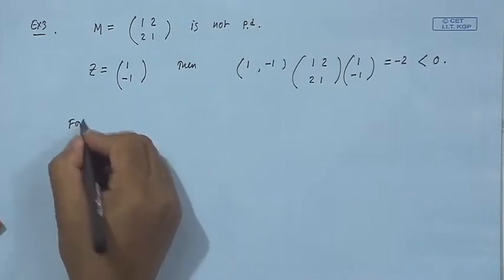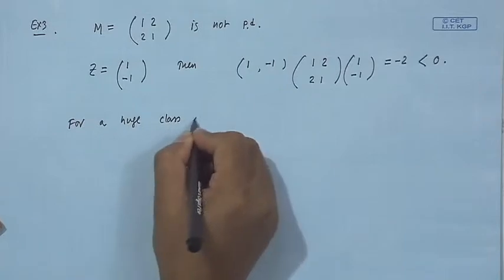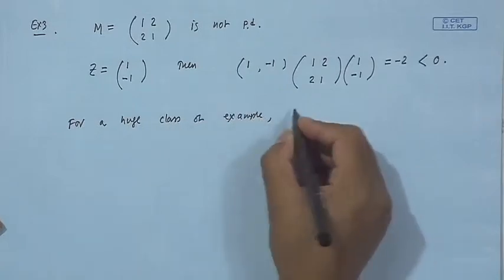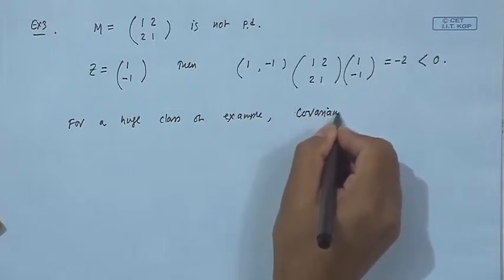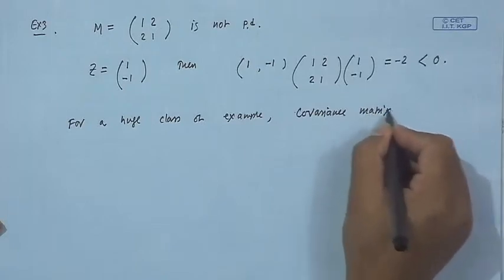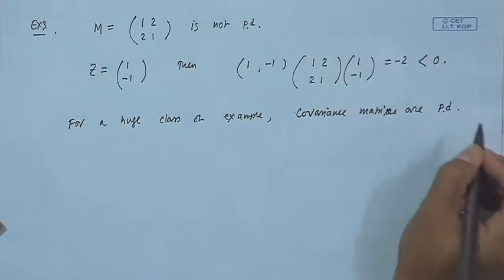For a huge class of examples, covariance matrices are positive definite.